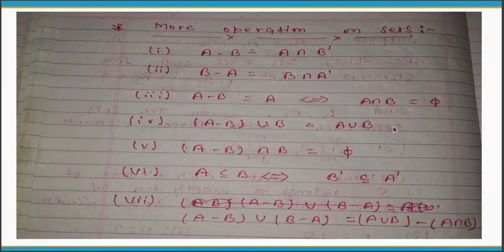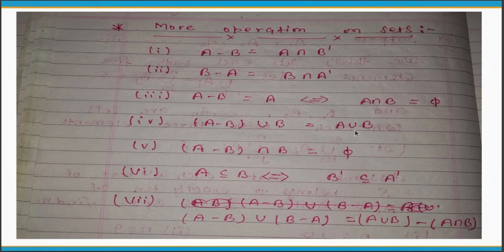Now A minus B union B equals A union B. You can draw a diagram of A minus B with the elements of set B and then union with B, then it becomes A union B. Now similarly A minus B intersection B means phi. We have no common element.